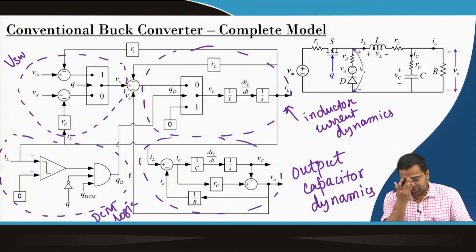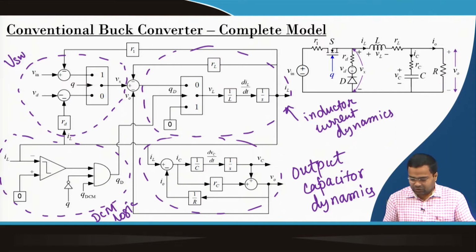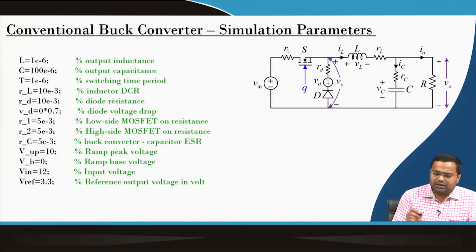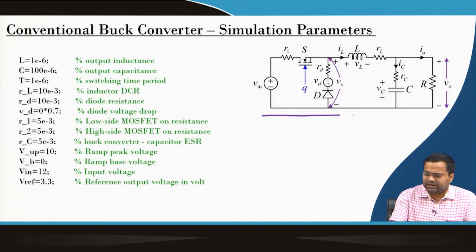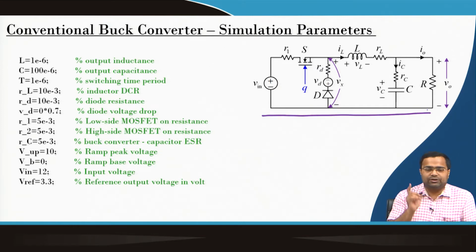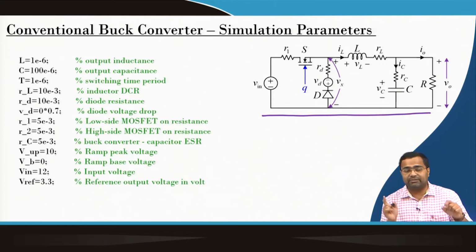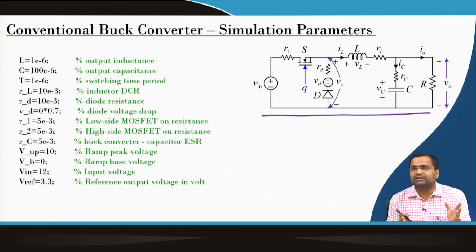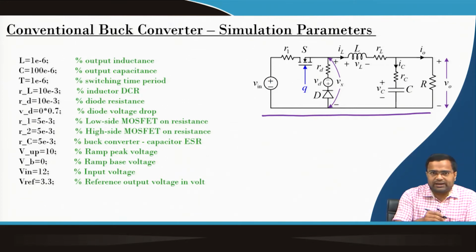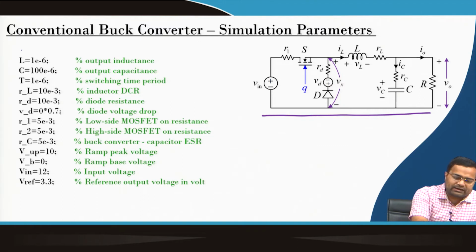Okay. Now, if we want to implement this converter, we need to select some parameter values, that means what are the parameters that we are going to consider. Here we are talking about output inductance and output capacitance, which are related to our output filter.